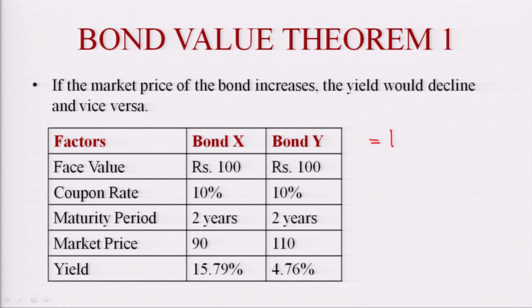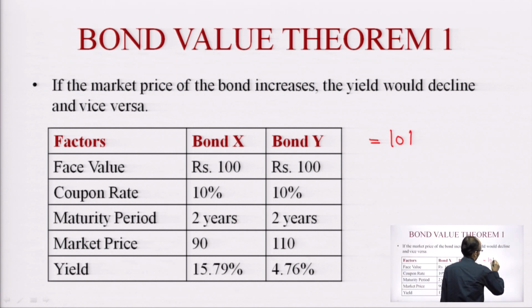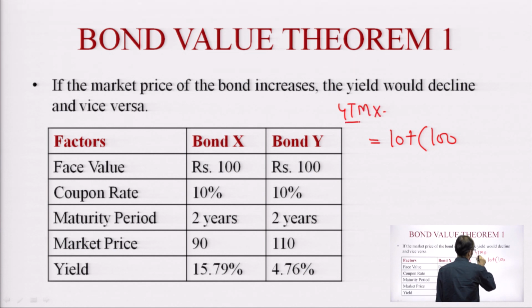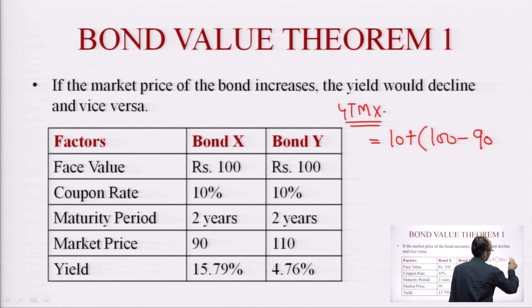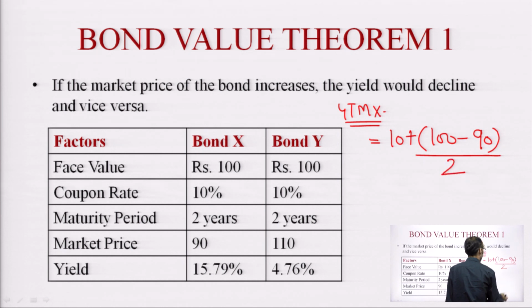Interest that we are getting is 10, maturity value of the bond will be 100. We are taking the example of yield to maturity of bond X. The purchase price, the person who is purchasing the bond from the current market has to pay 90 rupees. The maturity period is 2.